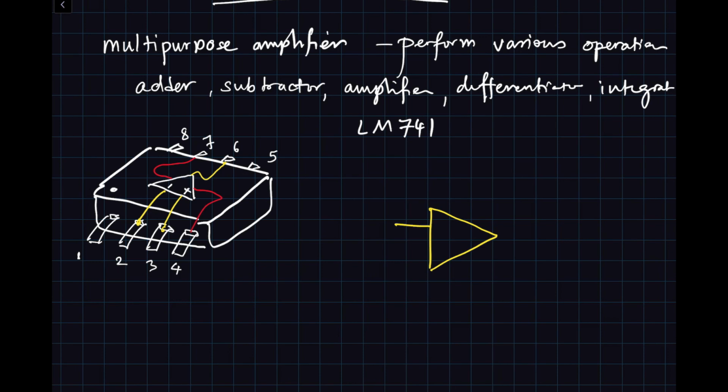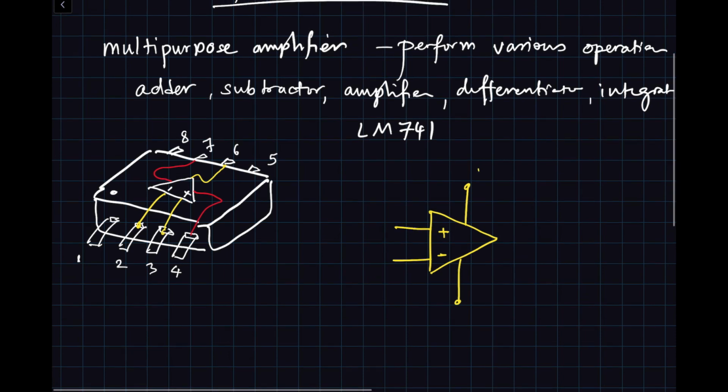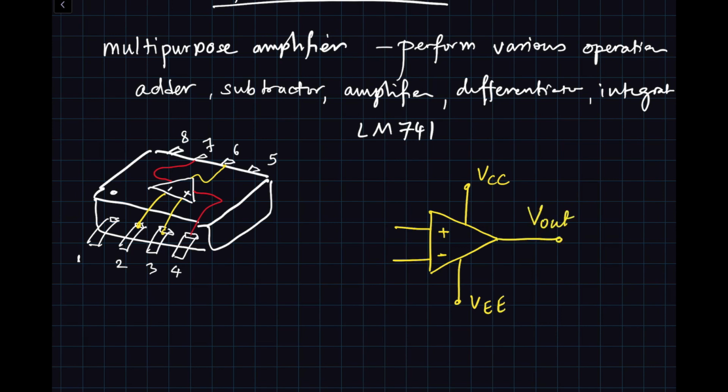You will have plus, minus, and then you will have supplies. This is called VCC, VEE, and this is your output, V output, and generally I like to call these VP and VN. However, different people name them differently. That's okay.